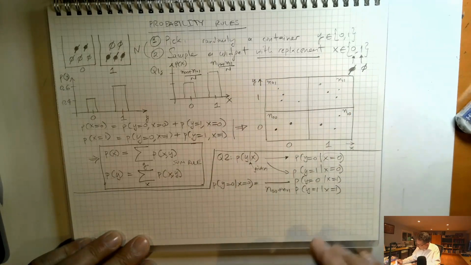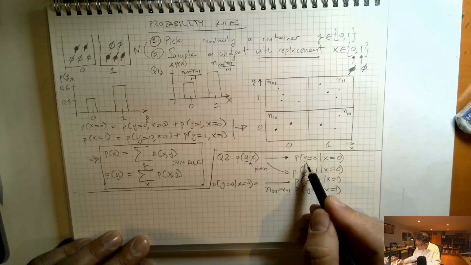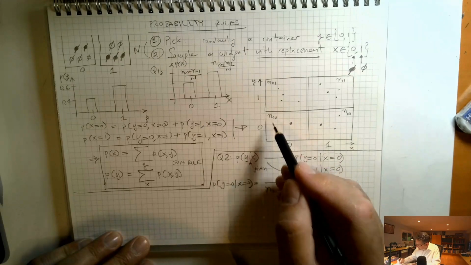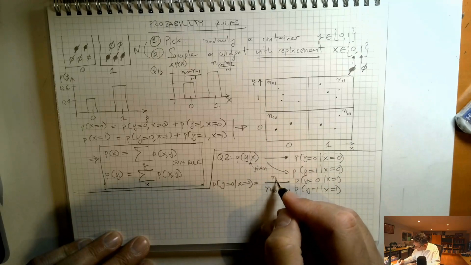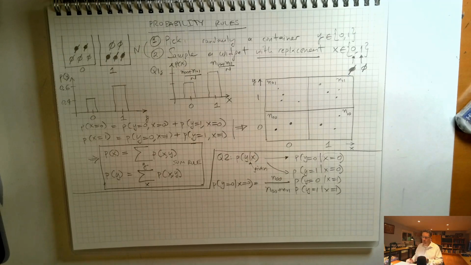And then evidently, the numerator is when Y is equal to 0, where you're looking at the N00 count of events. And that is basically your response, that is going to be your result, if you like, which is a number.